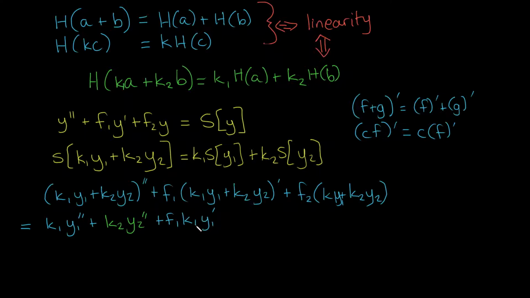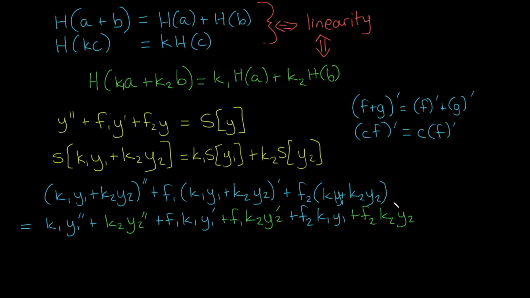And again, the reason I'm not doing primes on the k1 is because the constant, you just factor it out. And then here we have plus the same f1 times k2 times y2 prime. And now we do plus f2 times k1 y1 and plus f2 times k2 y2.